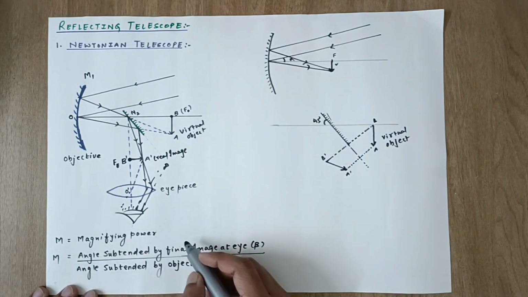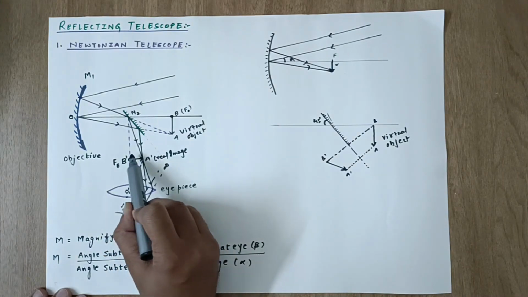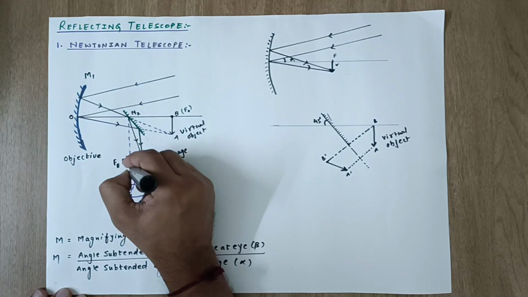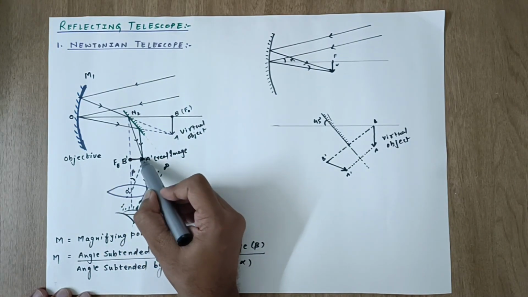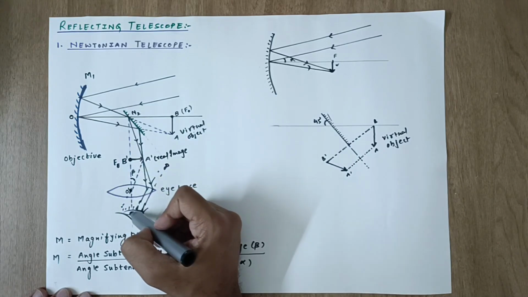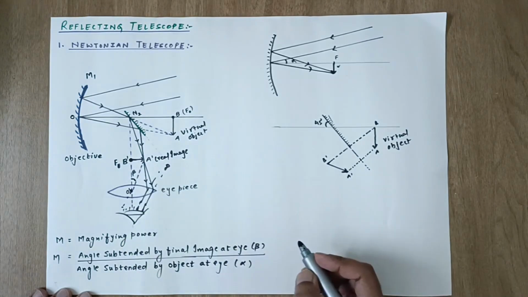Now, since we are going to talk about the magnifying power, it is the angle subtended by the final image. This is the final image at our eye or the lens. So that means this angle is beta. This is the final image. The head of the image is going to make a certain angle with the optical center or the eyepiece, or the eye, because they are very close to each other. So this is beta.